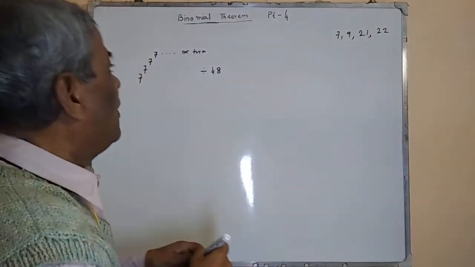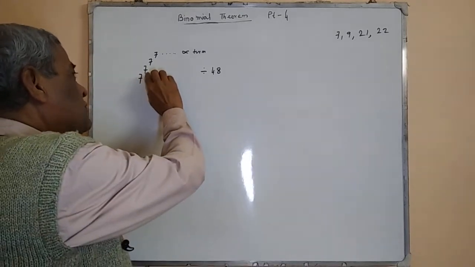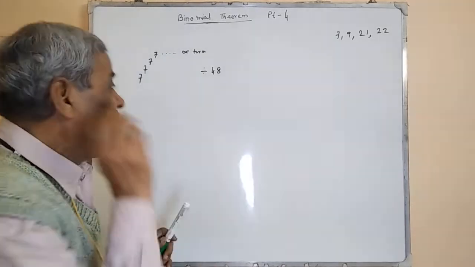So one thing, this is 7 to the power 7 to the power 7 up to infinite terms.